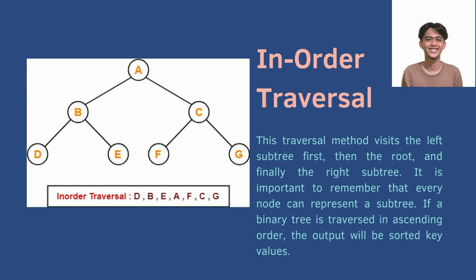So we'll go to node F, and F has a sibling, node G.